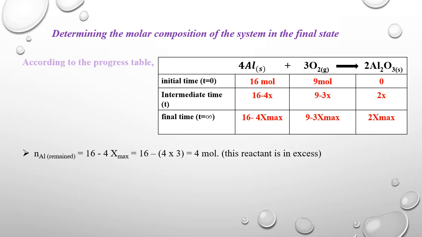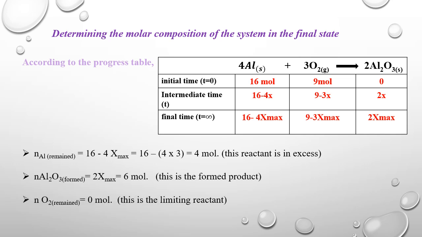Number of moles of Al remained equals 16 minus 4x max equals 16 minus 4 times 3 equals 4 moles. This reactant was in excess. Number of moles of Al2O3 formed is 2x max, 2 times 3 equals 6 moles. This is the maximum formed moles of the product.